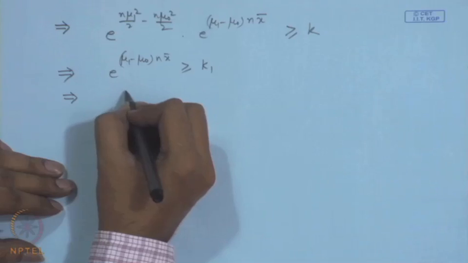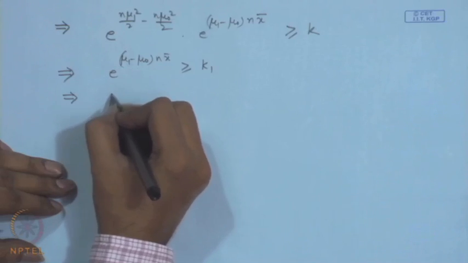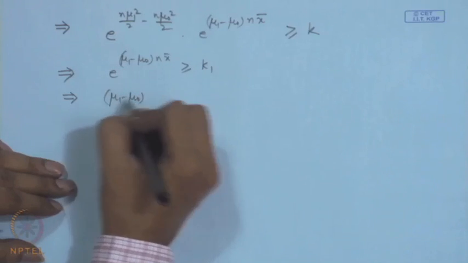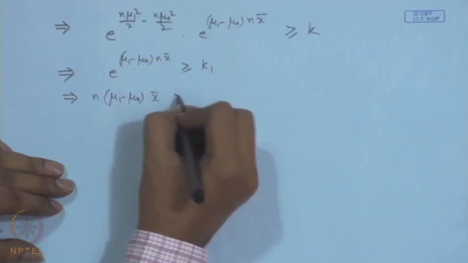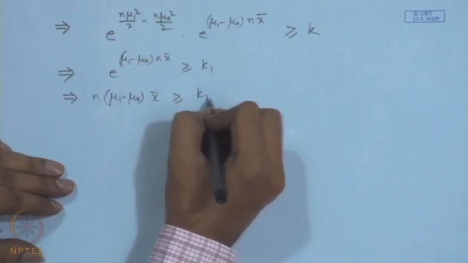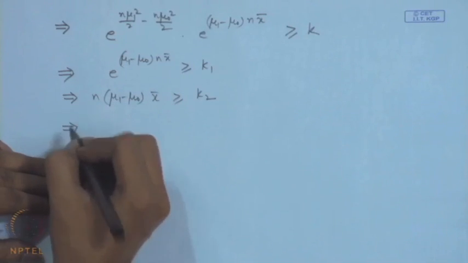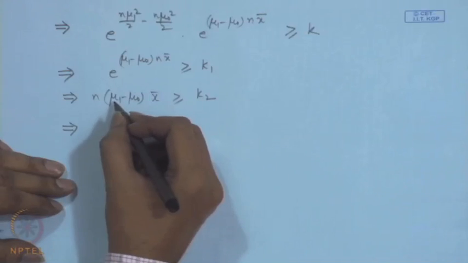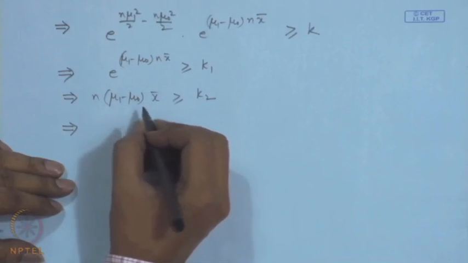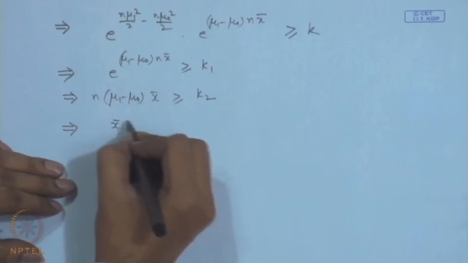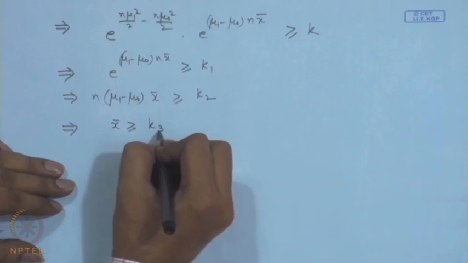This is equivalent to saying, if I take log on both the sides, I get mu 1 minus mu naught n x bar greater than or equal to some k 2. Now, I have here mu 1 minus mu naught positive. So, this is equivalent to saying x bar greater than or equal to k 3.